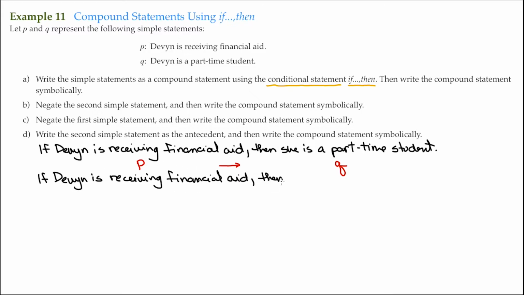Then, and of course they want us to write the second statement, the consequent, but negate it. So then she is not a part-time student.